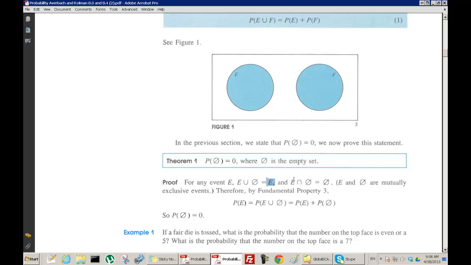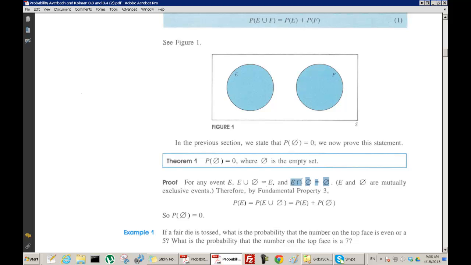Okay, and also E intersect the empty set is the empty set, right? That's obvious. But this has a special meaning. What does this mean? If the intersection of two sets is the empty set, then what do we call the two sets?